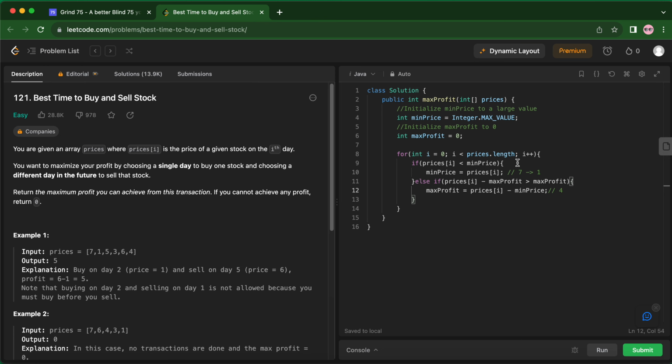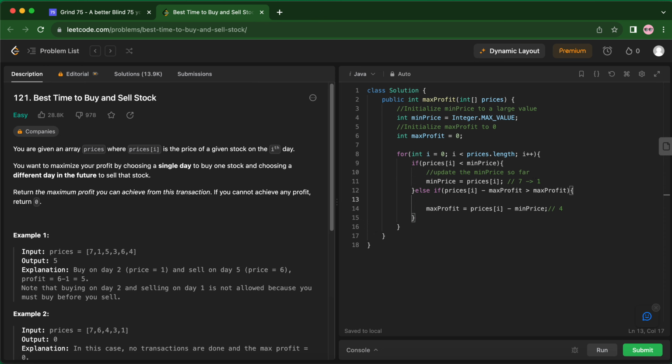I'll just, for everyone's sake, update the comment section as well. Update the min price so far. So if we find a price below this, we'll update this again.